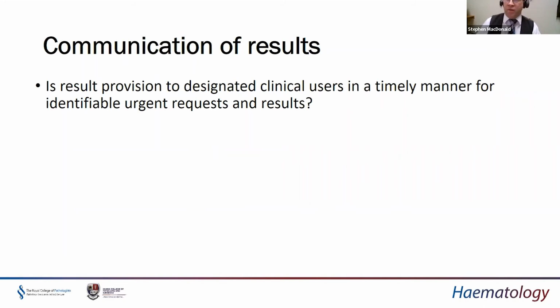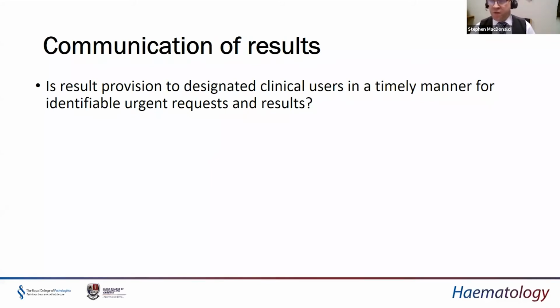So what we need to have is a process whereby we manage how the results get to our clinical users, the consumers of our service, in a timely manner, so that identifiably urgent requests and results can be taken on by those clinicians, and then they can go on and do their clinical interventions as required. That's extremely important.